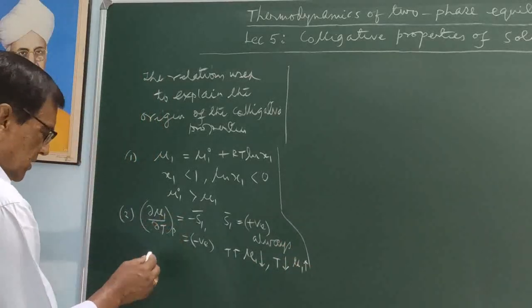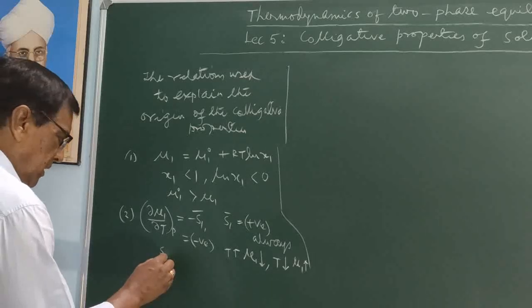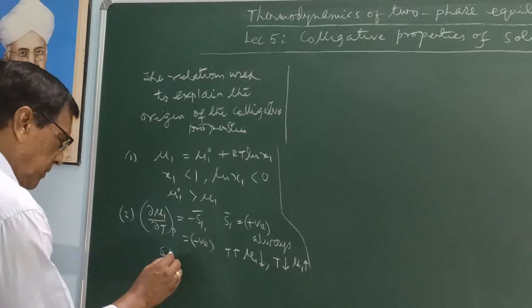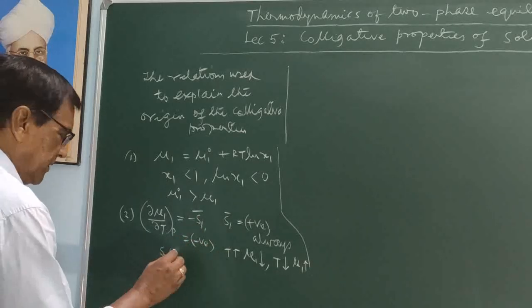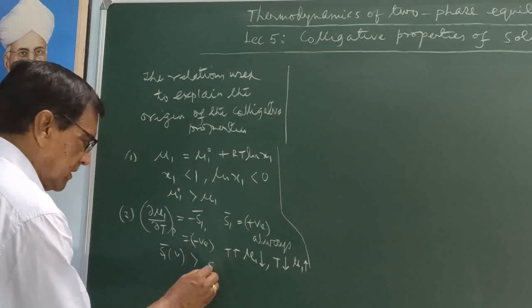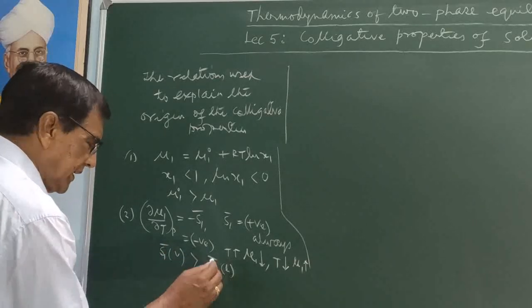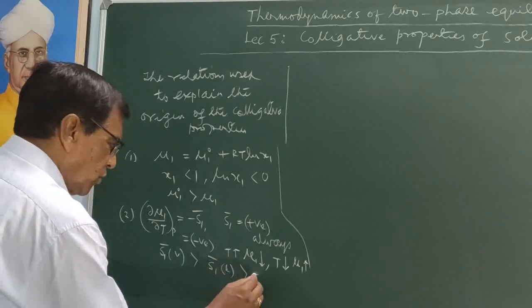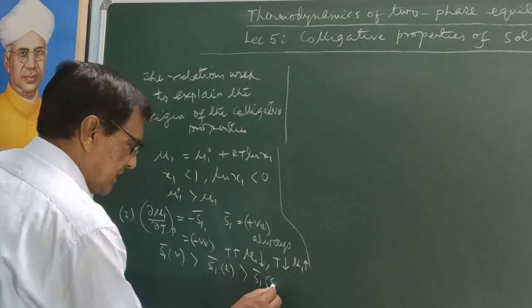And also, you know, the entropy of the solvent whenever it remains in vapor state is greater than when it is in liquid, and greater than when it is in solid state.